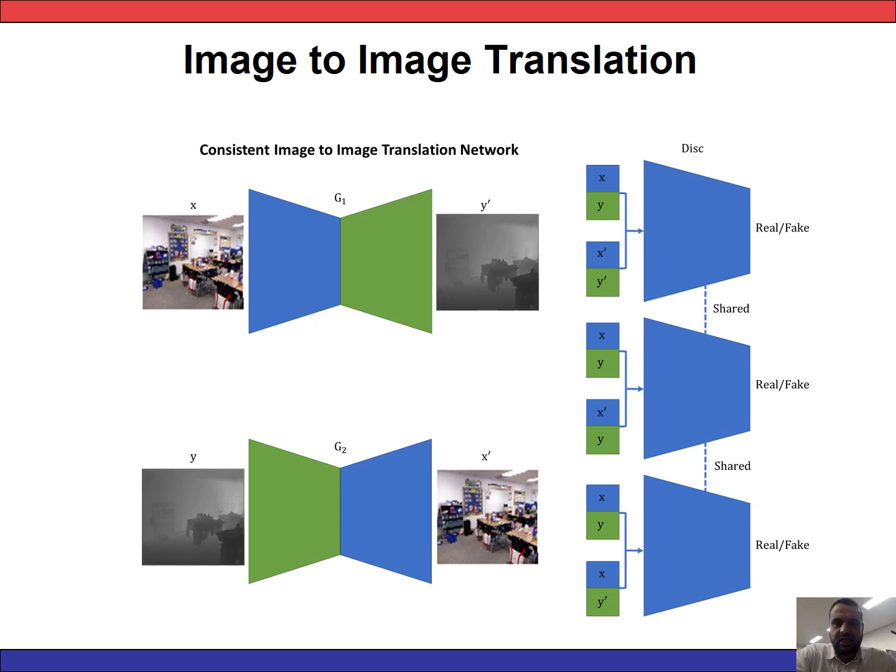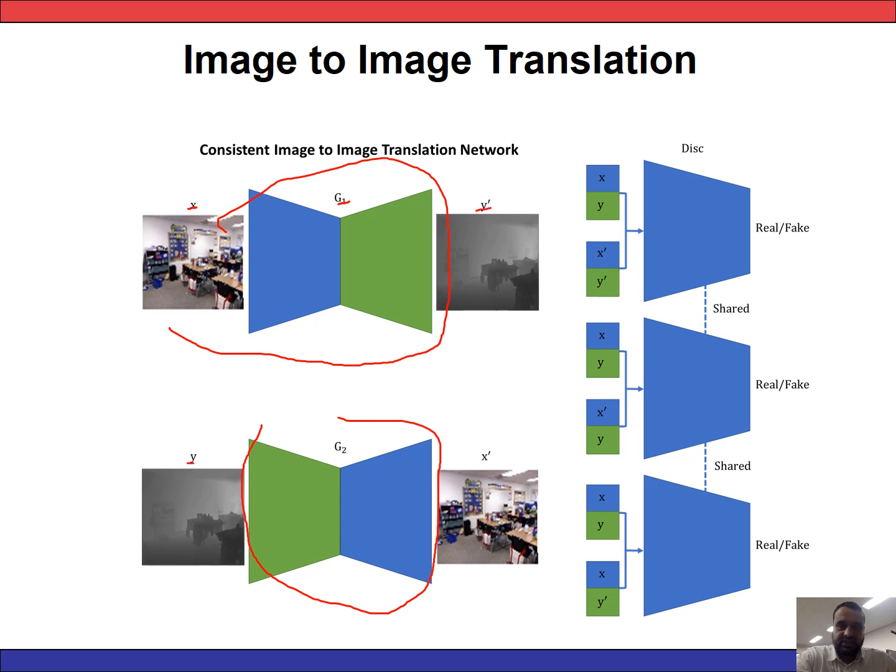So what I did here, I developed an architecture that consists of two generators. One is this generator, represented by G1, and the second one is this generator, represented by G2. X is the real image as input, and Y dash is the output depth image.